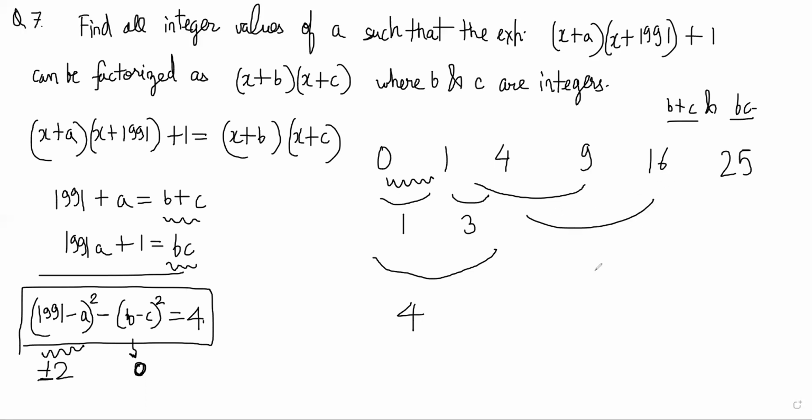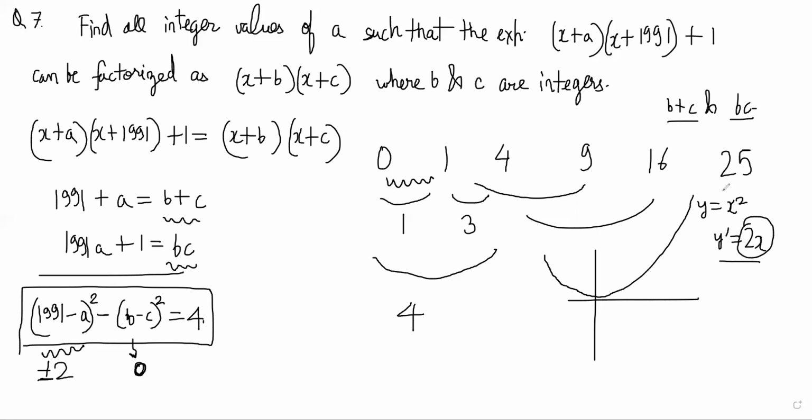One way to say that is that the y equals x square function is an increasing function, and the derivative, the slope, is also an increasing function, 2x.